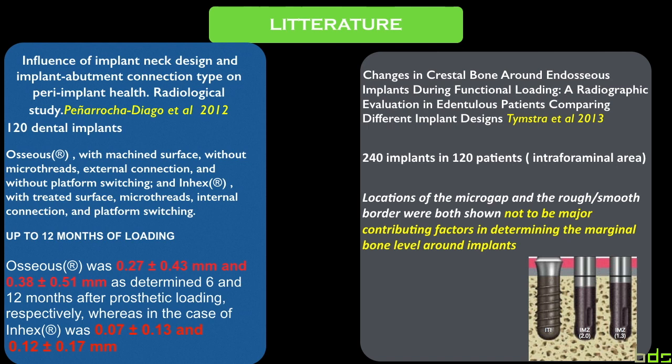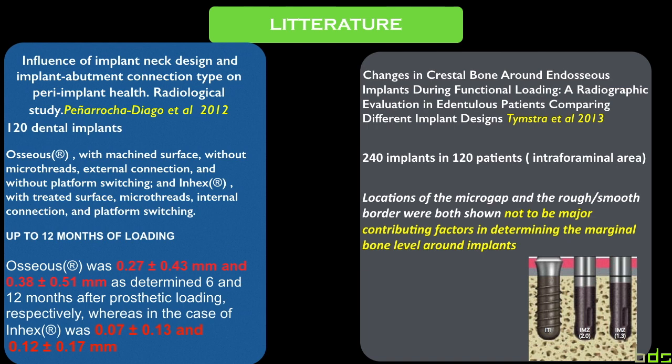The literature on this topic is, of course, very plentiful. We have a study done in 2012 comparing different connections with two different implants, the Osseo and the Inhex. They found that the difference was very minimal.